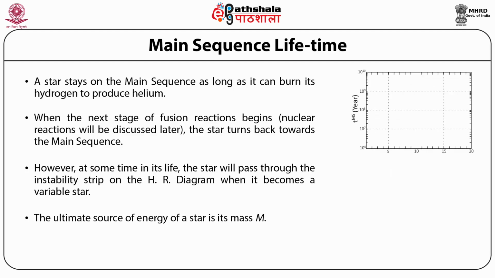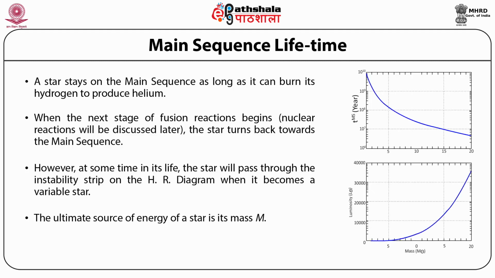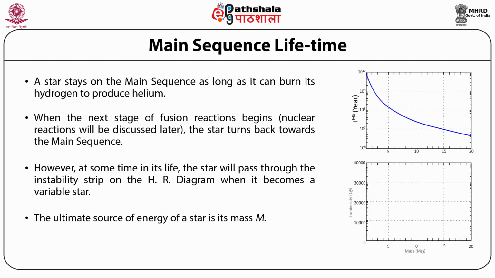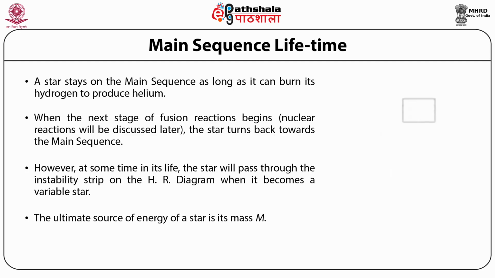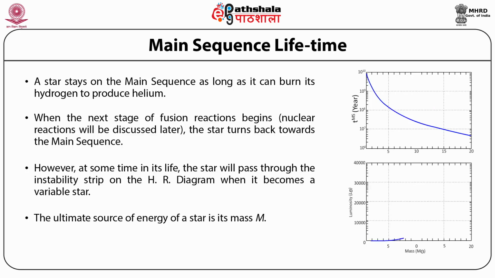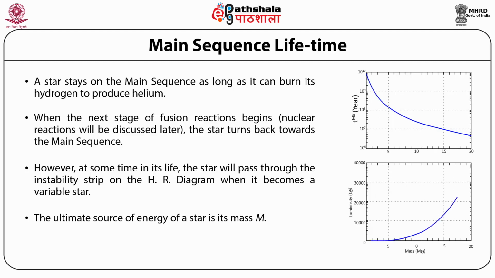So if L is the luminosity of the star while it is on the main sequence, its lifetime on the main sequence, T_MS, will be proportional to m by L. Since the mass luminosity relation is L proportional to m to the power 3.5 for main sequence stars of masses less than approximately 20 solar masses.